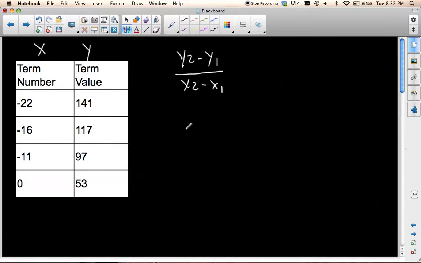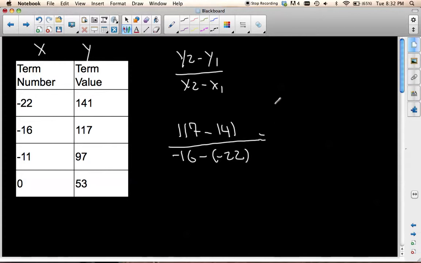So let's say we take 117 as y2, then automatically negative 16 has to be my x2. And let's say I take 141 as my y1. I have to take negative 22 as my x1, so minus negative 22.